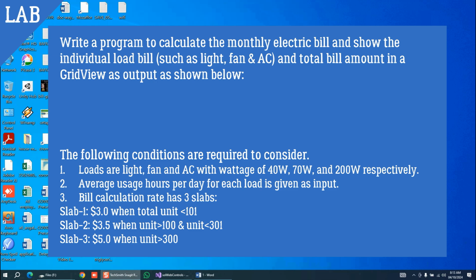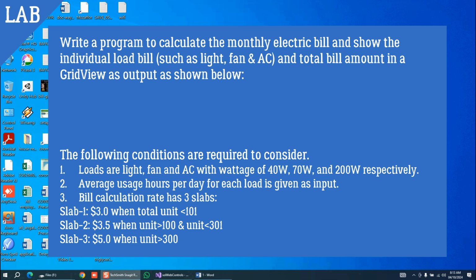Number 1. Loads are light, fan and AC with wattage of 40 watt, 70 watt and 200 watt respectively. Number 2. Average usage hours per day for each load is given as input. Number 3. Bill calculation rate has 3 slabs.